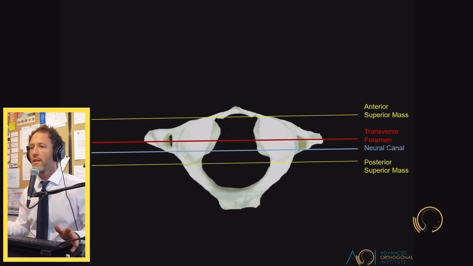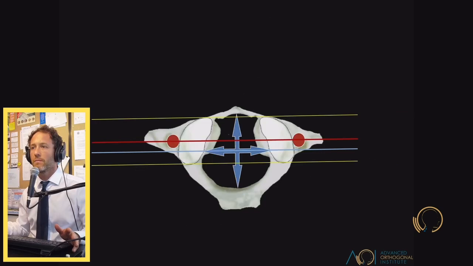And then you'll see finally in blue, neural canal. That neural canal, in blue, you're going to see basically a perpendicular line to if you drop a line through the posterior tubercle and anterior tubercle. So just to give you a little bit of a frame of reference before I get into these.